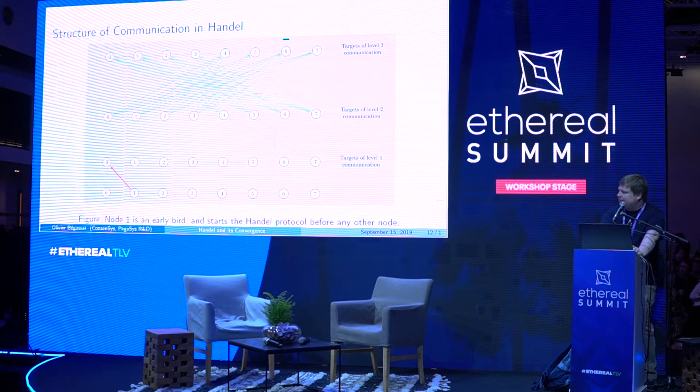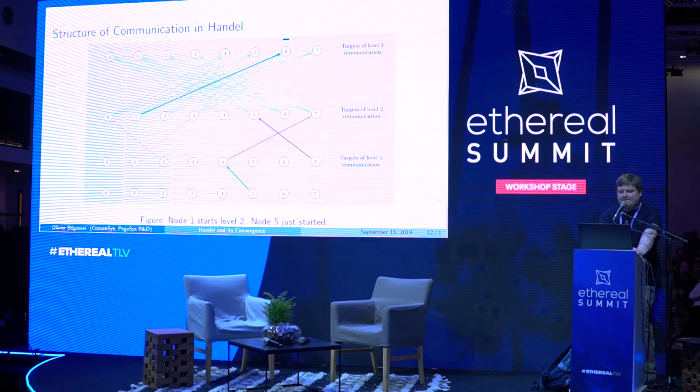So you may imagine that node 1 in this scenario is early to the party and starts sending its contributions to its level 1 peers, and then the other nodes start joining in. 2, 4, and 7. Node 1, in the meantime, has already moved to the next level. This continues. Node 1 at this point is communicating on 2 levels simultaneously. So this is this business about concurrently communicating on all levels.